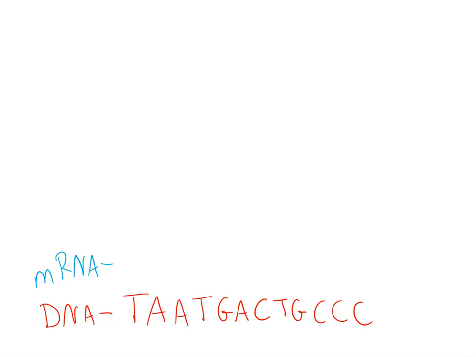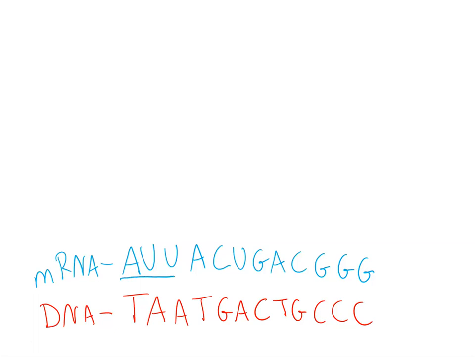So I'm going to use base pairing rules. T pairs with A, A pairs with U, A pairs with U, A, C, U, G, A, C, G, G, G. And remember, in mRNA, 3 bases in a row is called a codon.